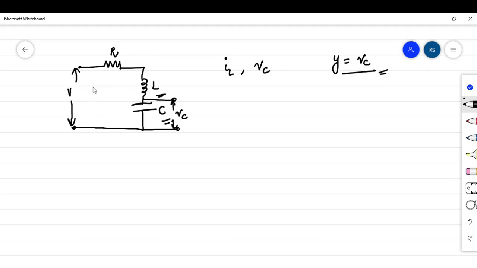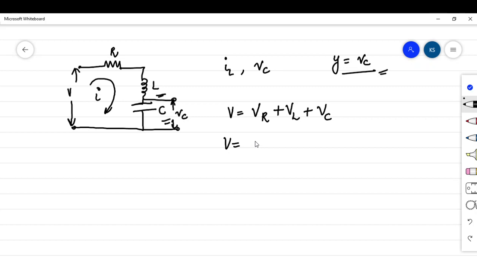First, let us assume that the current I is flowing in the circuit. So apply KVL in the whole network. We can say that V equals the voltage developed across resistance, voltage developed across inductor, and voltage developed across capacitor.